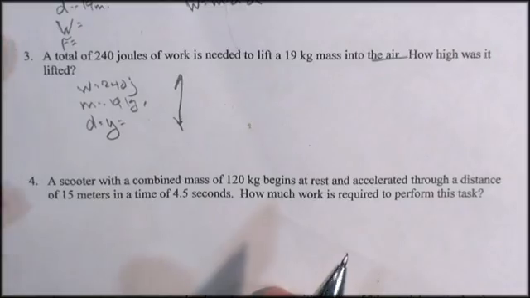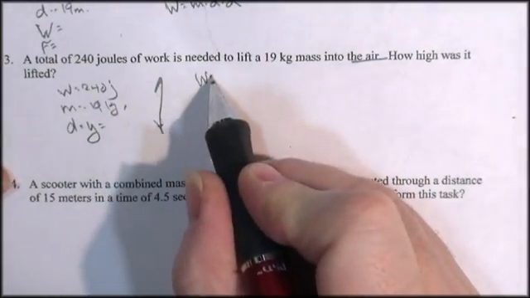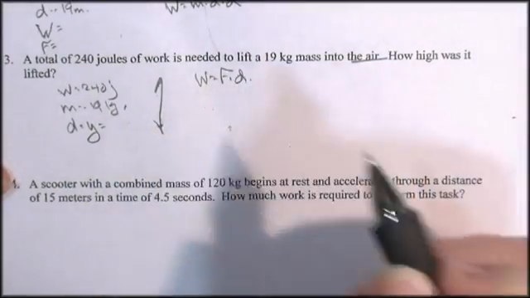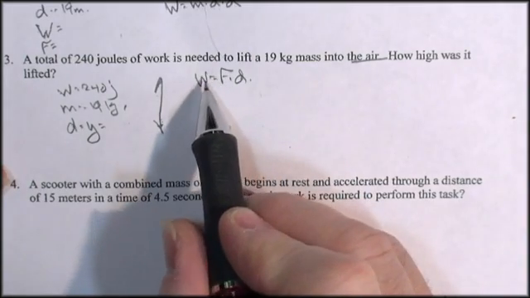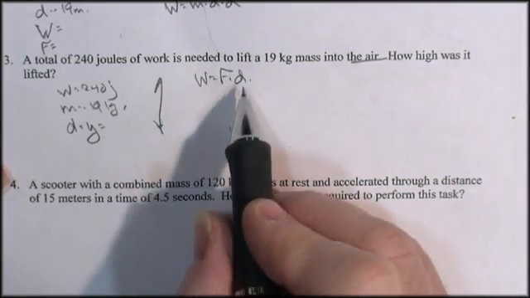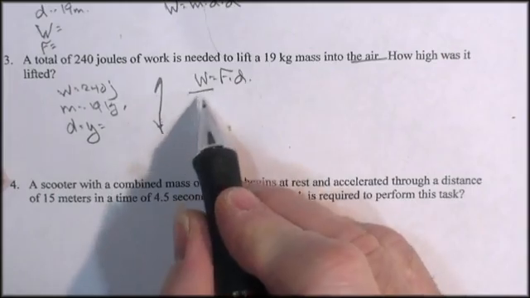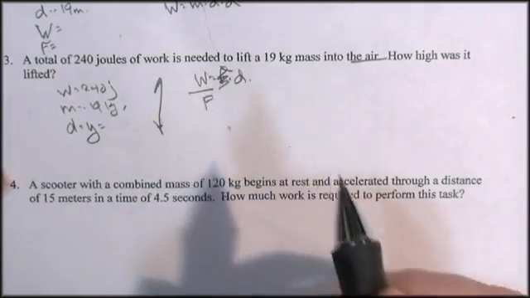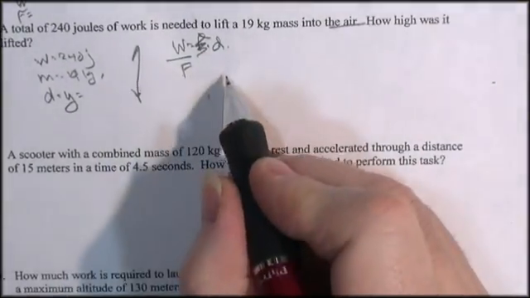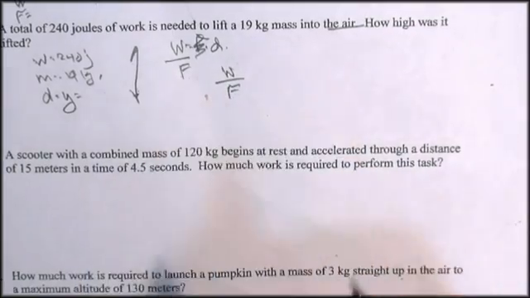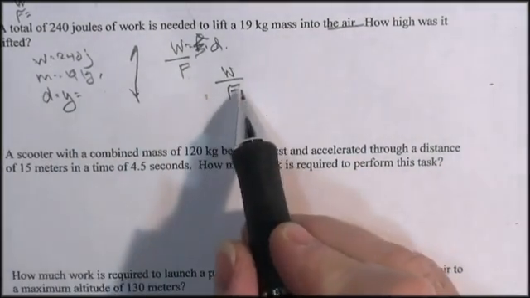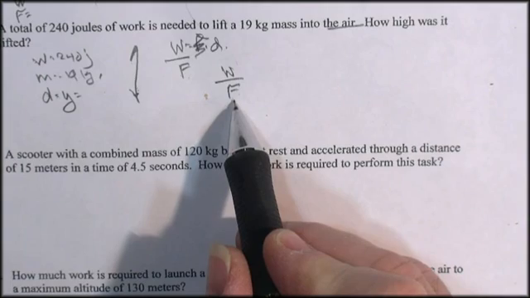What's the height? Well, the formula for work is force times distance. They give us the work. We're looking for distance, so let's divide both sides by force, and that gives us distance. So work divided by force. So we know what the work is. What's the force that we have to lift?